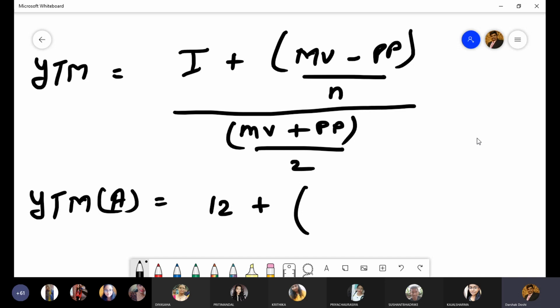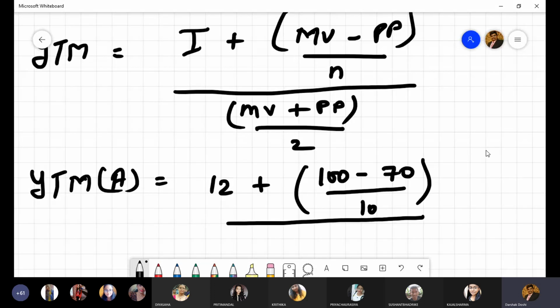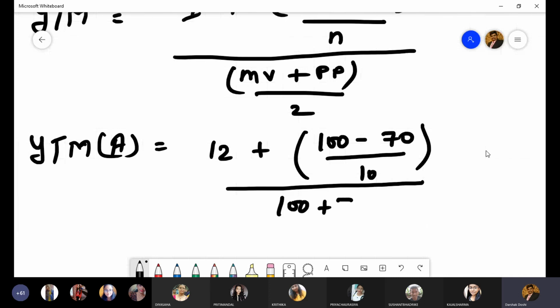It will be at par. So we know that we have purchased at 70 rupees and the life of the bond is 10 years. The whole divided by 100 plus 70 divided by 2.